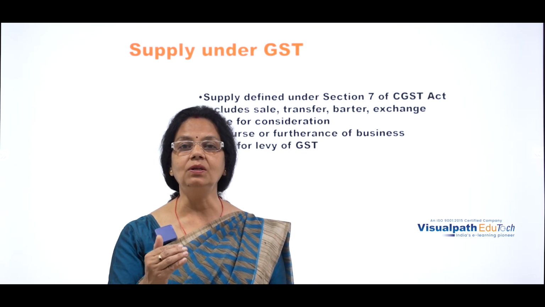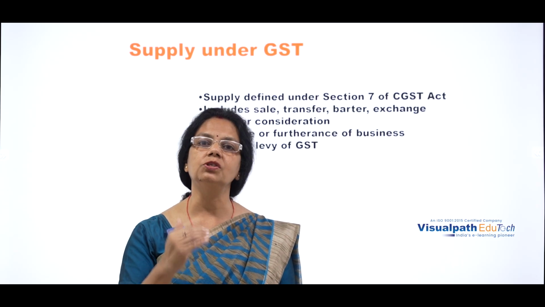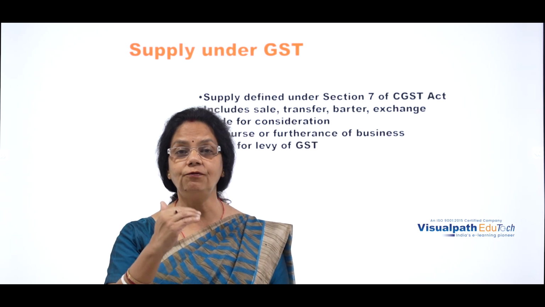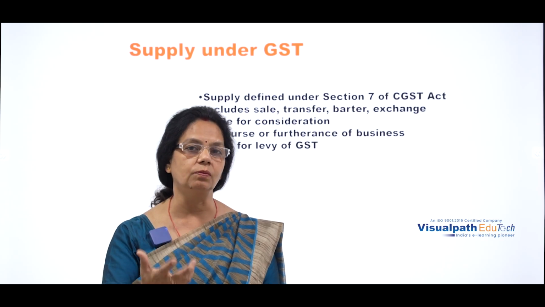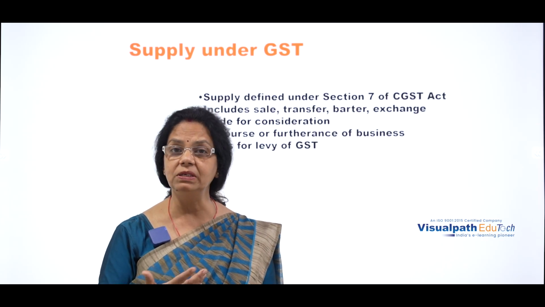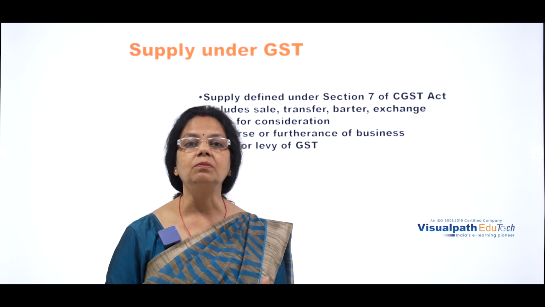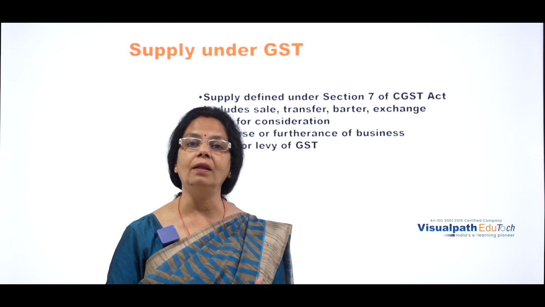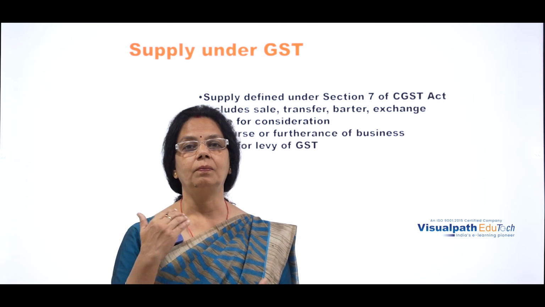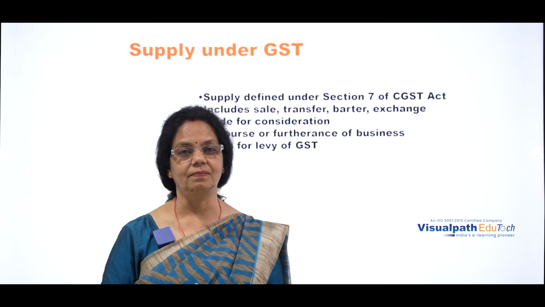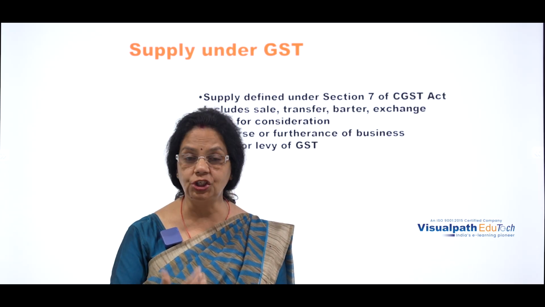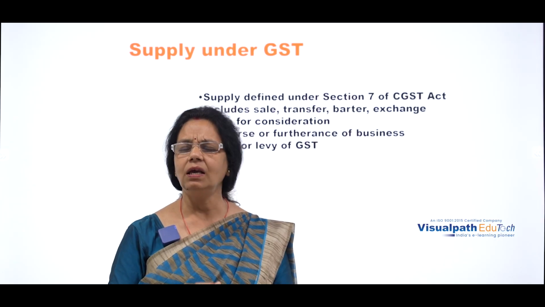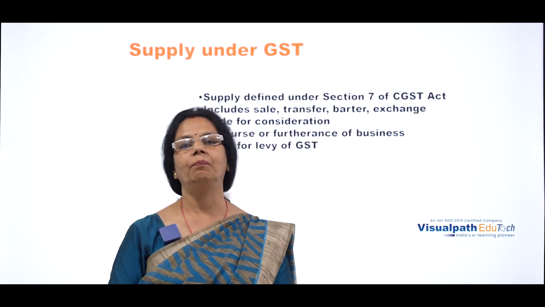The supply includes all sorts of sales, different types of transactions, and it mainly takes place in terms of money. As we are doing business, it should be under the terms of monetary transactions. So any kind of transactions, sales, exchange, barter, everything comes under the supply of goods.